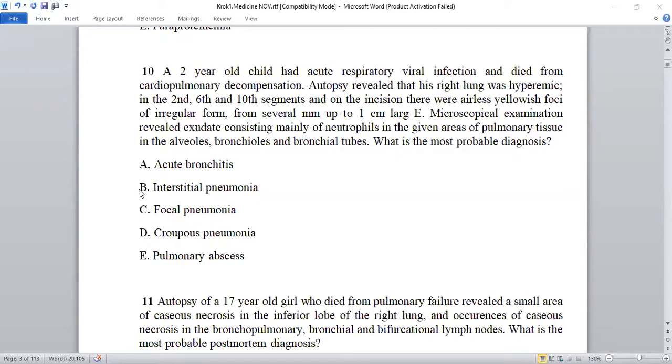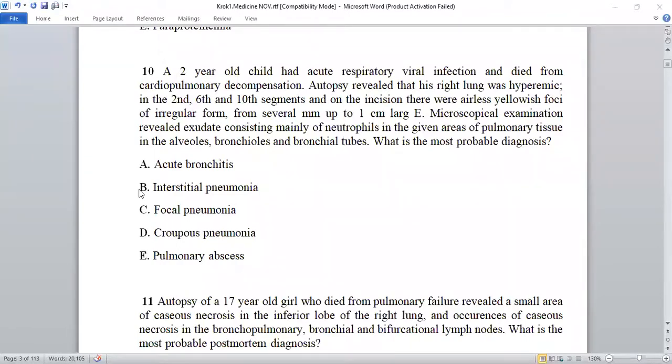A 2-year-old child had an acute respiratory viral infection and died from cardiopulmonary decompensation. Autopsy revealed that his right lung was hyperemic in the second, sixth, and 10th segments, and on the incision there were airless, yellowish foci of irregular form, from several millimeters up to 1 centimeter large.